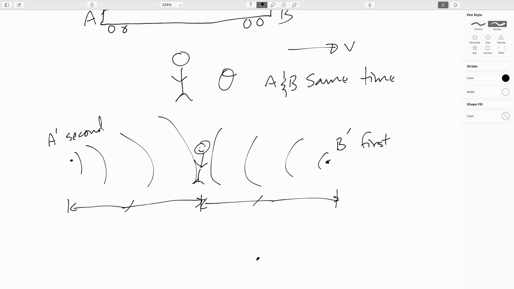But I need to be able to explain why you saw it the other way. In my frame of reference here, so this is how I'm seeing it, I see you, so let me just label myself here again, O prime.